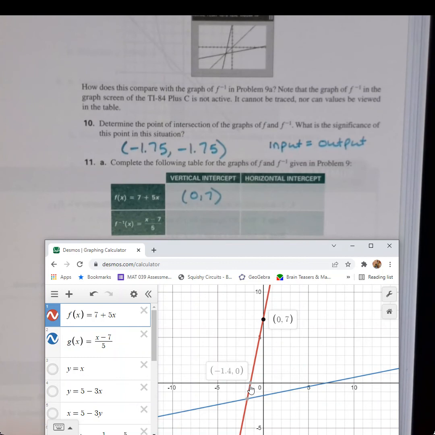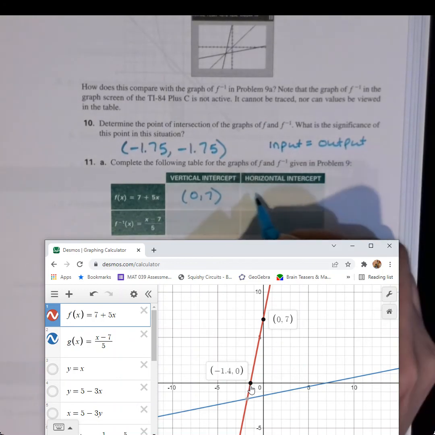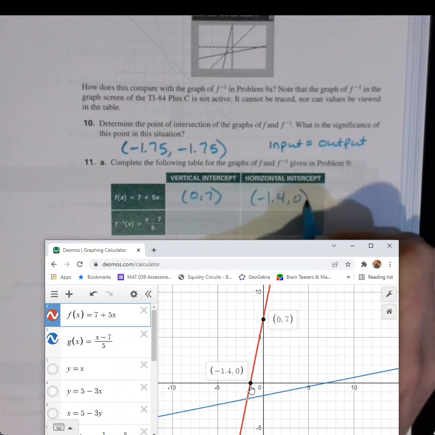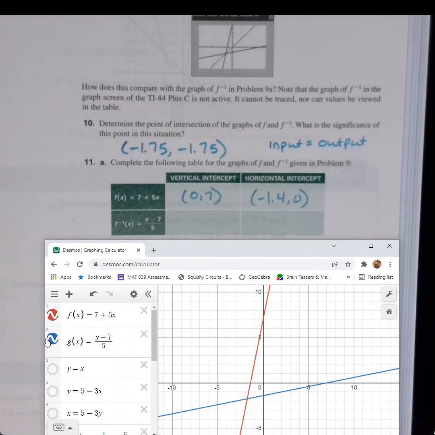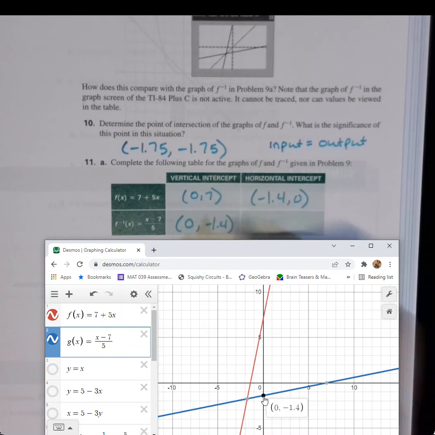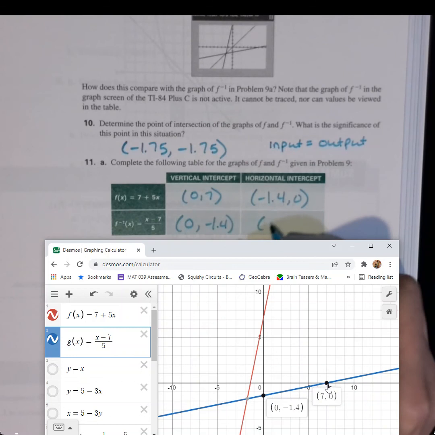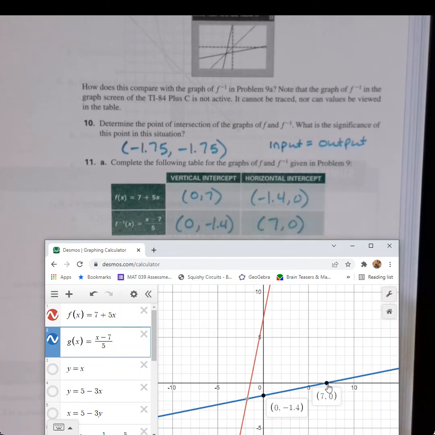And its horizontal intercept is at negative 1.4, comma 0. And now the other function, this function here, its vertical intercept is at 0, comma negative 1.4. And its horizontal intercept is at 7, comma 0.